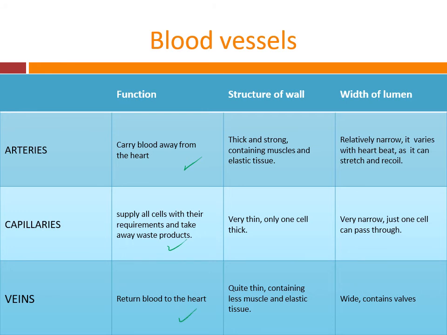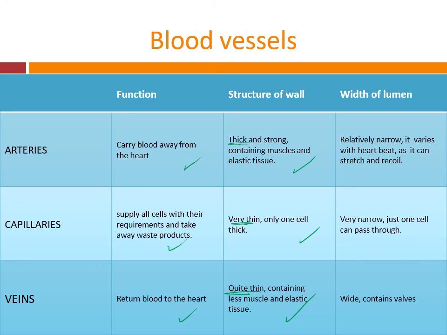Structure of wall: arteries have thick and strong muscles and elastic tissue. Capillaries: very thin, like one cell thick. Veins: quite thin, not thick like arteries or very thin like capillaries, containing less muscle and elastic tissue.